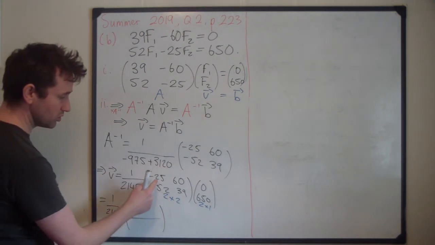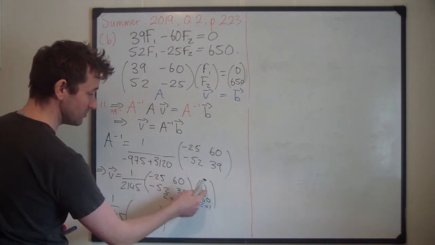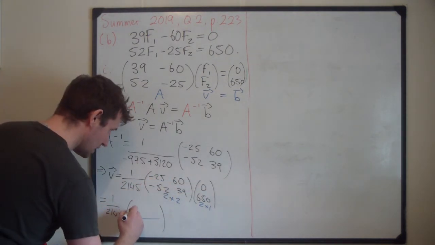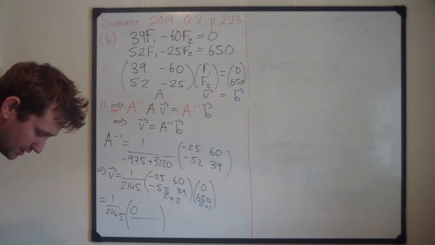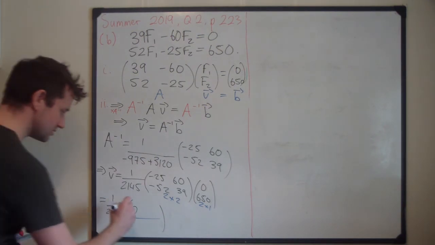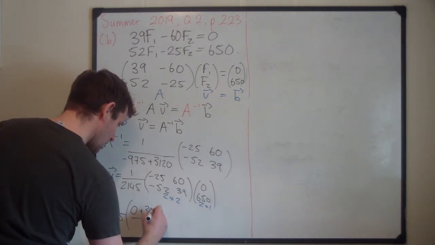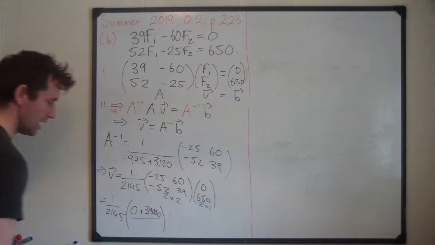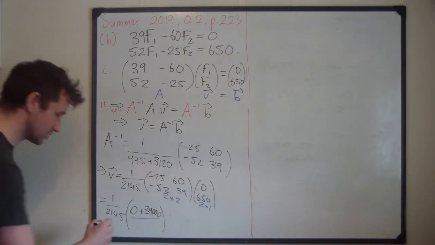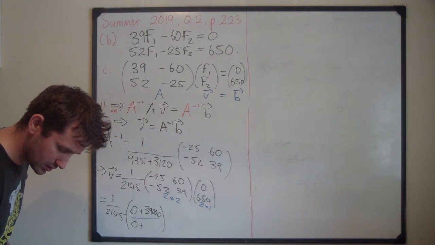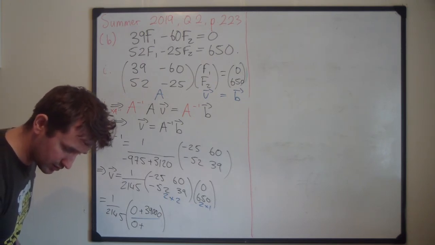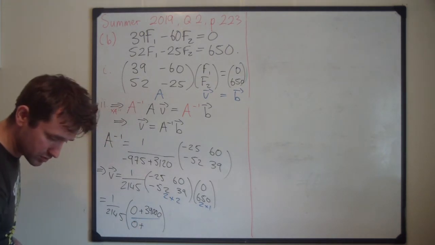Row 1 by column 1. Minus 25 by 0, of course, gives us 0. And 60 by 650, we'll just go into the calculator for that, is 39,000. And then we've minus 52 by 0, which of course is 0, plus 39 by 650, and it gives 25,350.